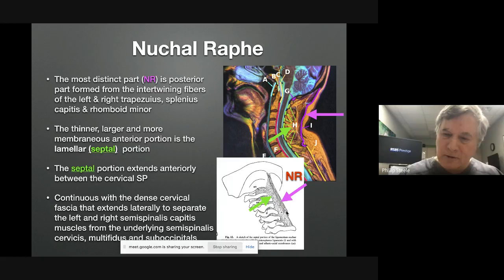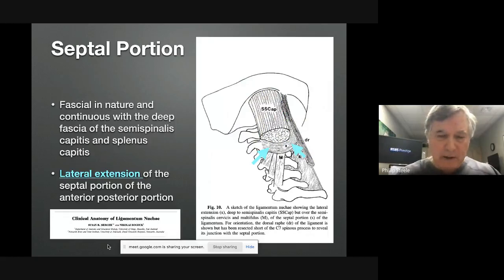So here on our drawing, this is an important concept: the nuchal raphe, which is a collection of fibers from the trapezius and Splenius Capitis. And then we have the lamellar component or the septal portion, and we'll talk about that area. What's important, and this is a paper that everyone should take a screenshot of and pull, is an awesome paper.